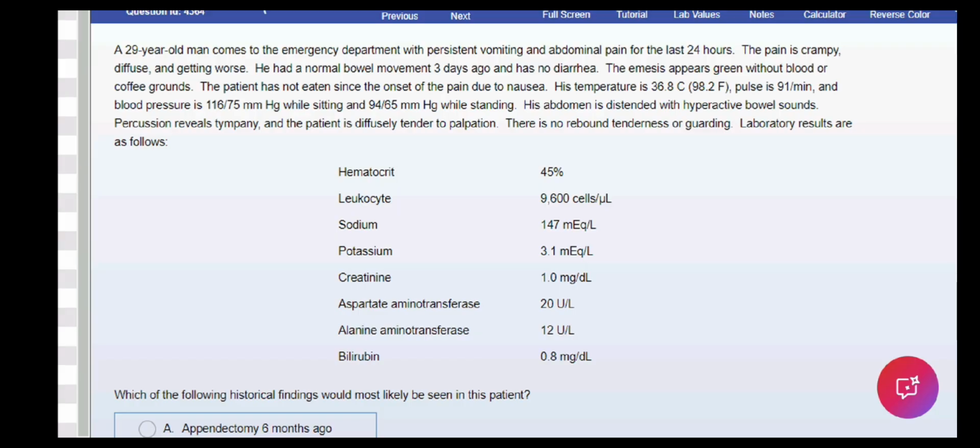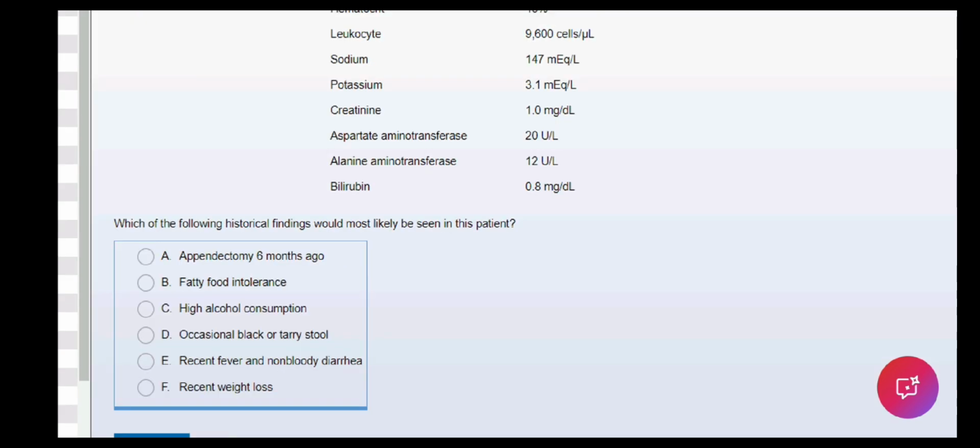No rebound tenderness or guarding. Hematocrit good, leukocytes good, all good. Which of the following historical findings will we see in the patient? Appendectomy 6 months ago, or fatty food intolerance, or high alcohol consumption, occasional black or tarry stool, or recent fever or recent weight loss.